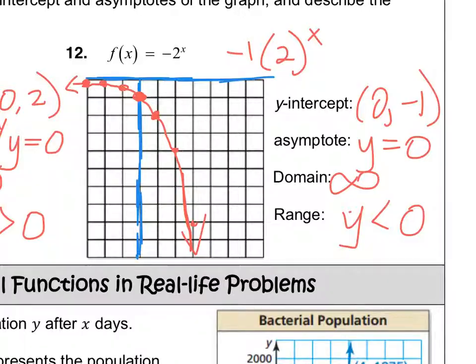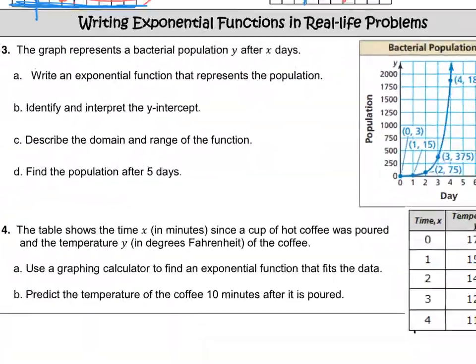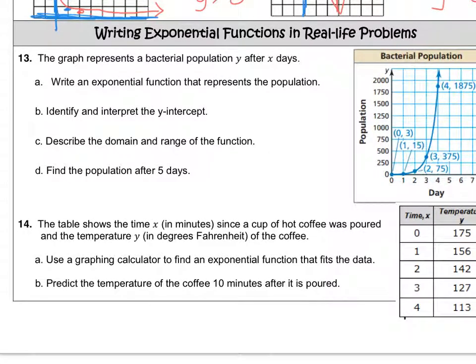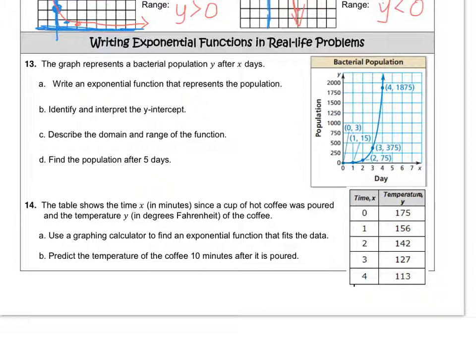Okay, so now let's look at a couple of real life applications, because this is more likely the kind of stuff that you will see when they start testing you on this. So they've given us a graph of a bacterial population. One of the great exponential growth experiments is on bacteria. And they want us to write the exponential function that represents the population.